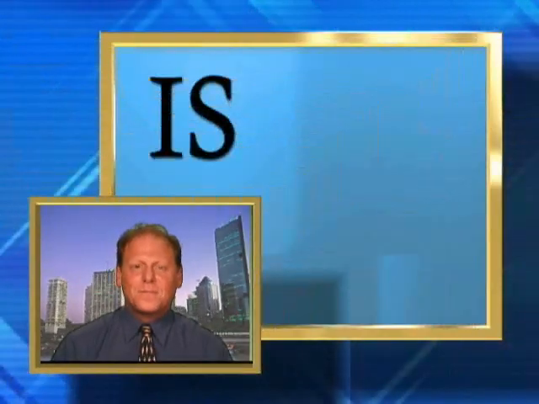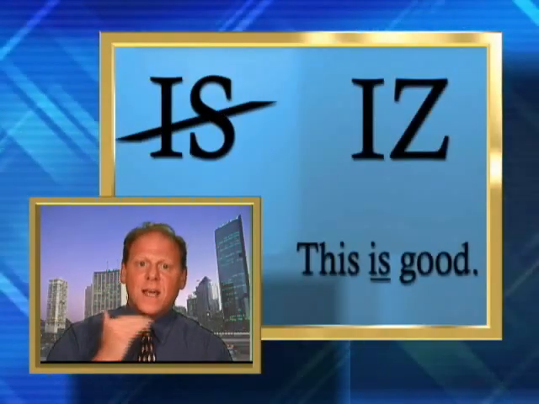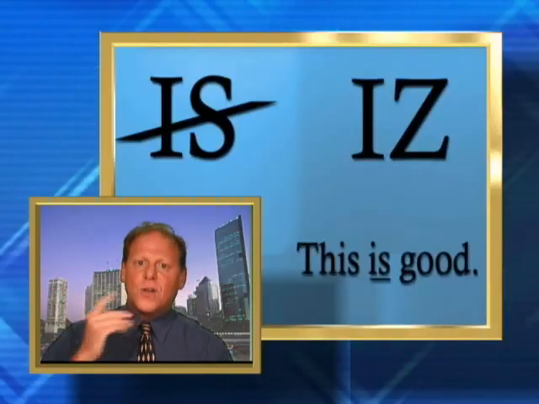Okay, now for something else. As you know by now, English is a difficult and a crazy language. All these words that I'm going to show you now are written with an S. However, they are all pronounced with a voiced Z. Why this is, I have no idea, but this is how English is. Here we go. The word is, it's not unvoiced, it's pronounced as if it were a Z. Is, this is good.